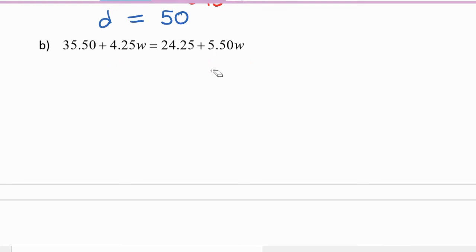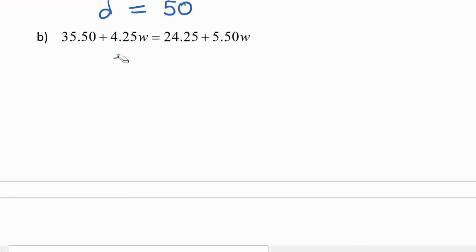Or if you choose to get rid of this one, you can just subtract 5.50w from both sides. I'm going to get rid of 4.25w. So let's do it.